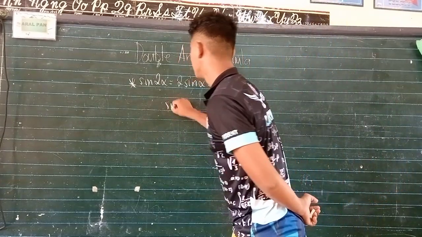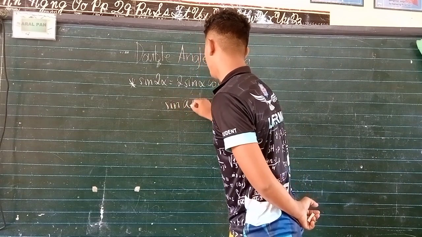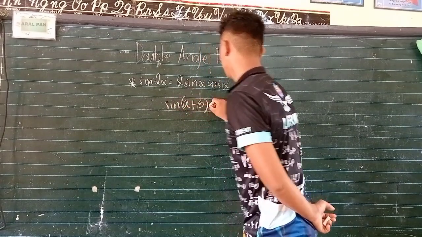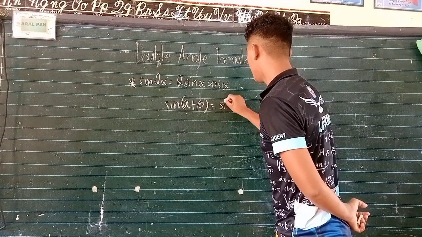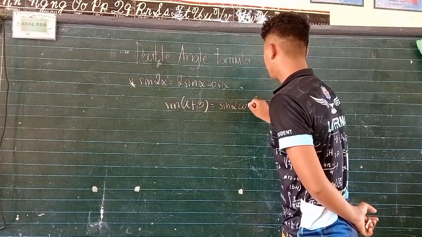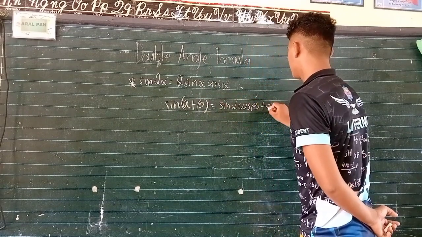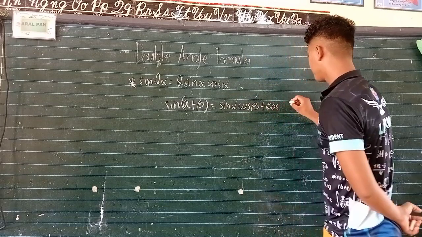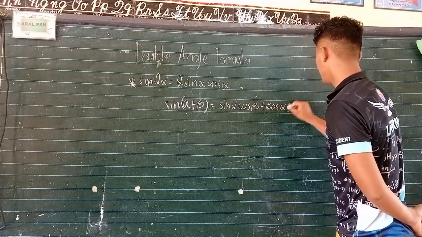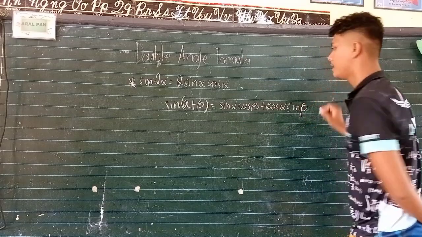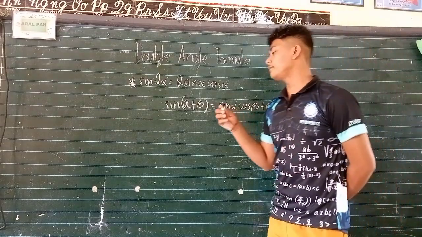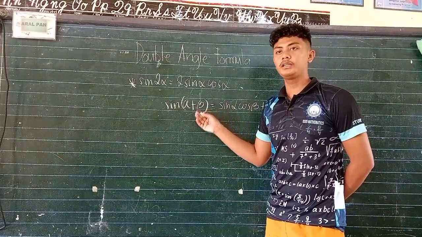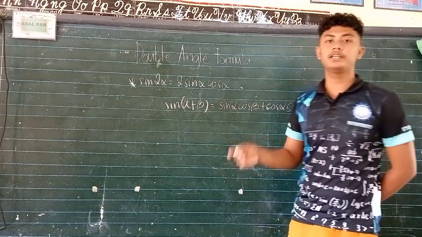So sine alpha plus beta equals sine alpha cos beta plus cos alpha sine beta. We can replace the beta with alpha since we are in the double angle.